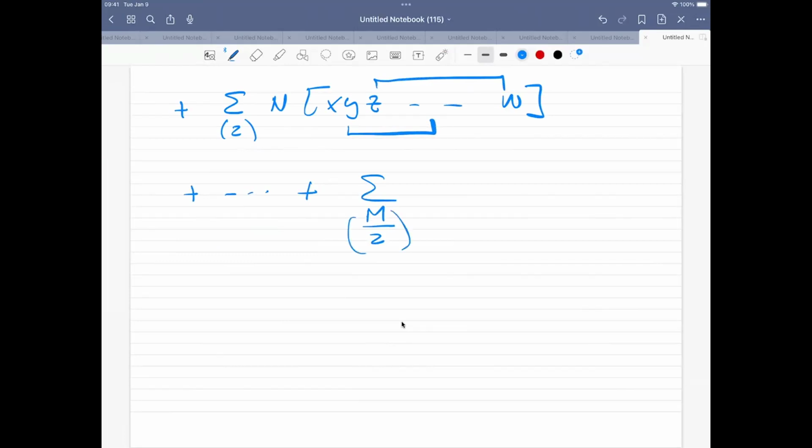So if we have an odd number of operators, then this will always be 0. And in this case, we are now contracting all of them. So x, y, z up to w, and we indicate this by these symbols here. So all the operators are contracted.